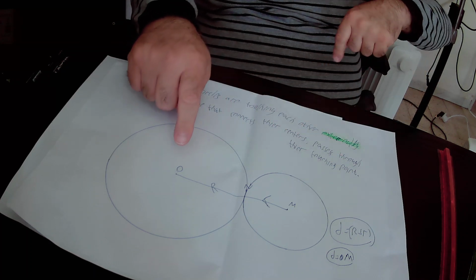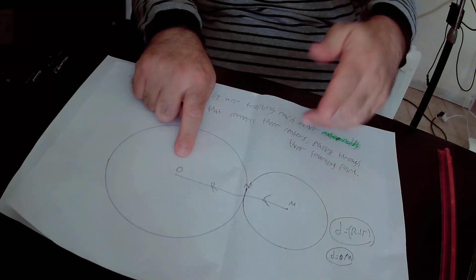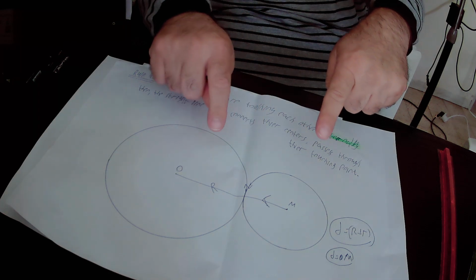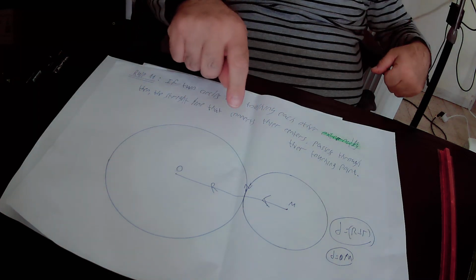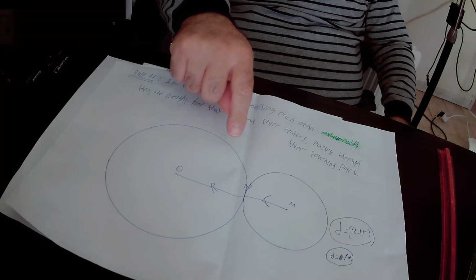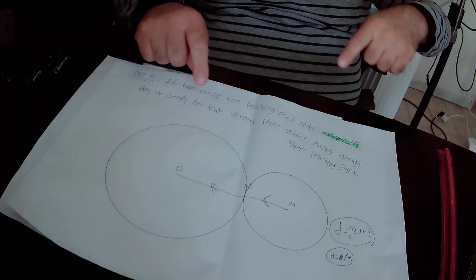Why? Because point O is the center of the big circle, and point M is the center of the small circle. So OM is the straight line that connects their centers together, and must pass through the touching point, that is point N. Or O, N and M is one straight line.